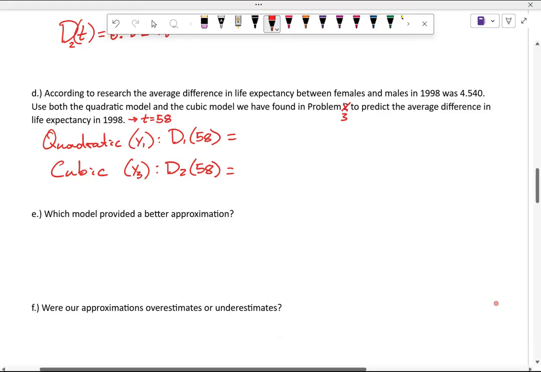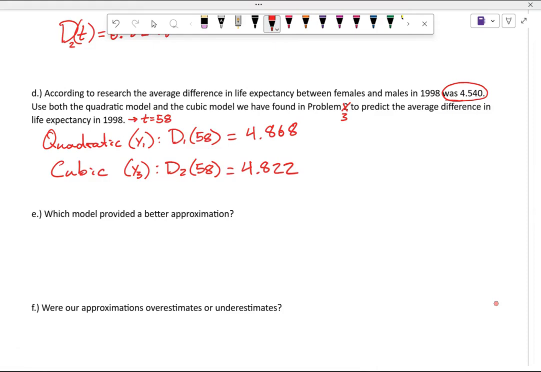So for the quadratic, that was our y1, that was 4.868, and the cubic was 4.822. Which model provided a better approximation? Let's look back. What was the actual? Actual was 4.540.